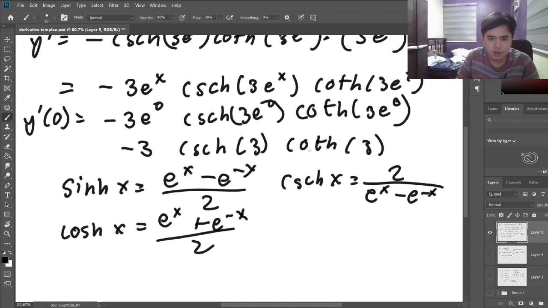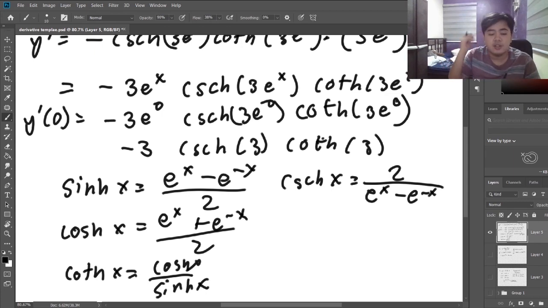Now for hyperbolic cotangent x, we know that is cosh x over sinh x. This is very similar to the one in normal trigonometry or circular trigonometry. So cosh x over sinh x.